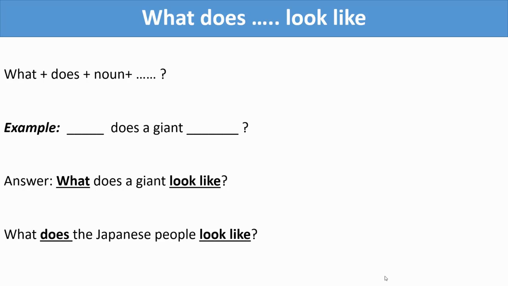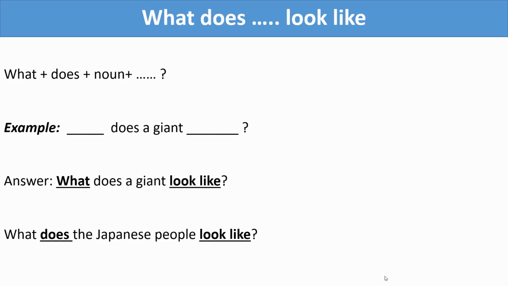What plus does plus noun plus look like, and you have two examples. এইগুলো যখন আমরা এক্সপ্রেস করতে চাই তখন এই ফ্রেজটি আমরা ব্যবহার করি। কোন ব্যক্তি দেখতে কেমন?